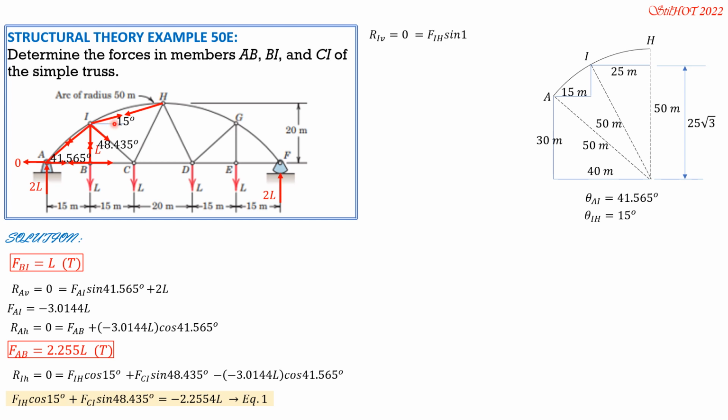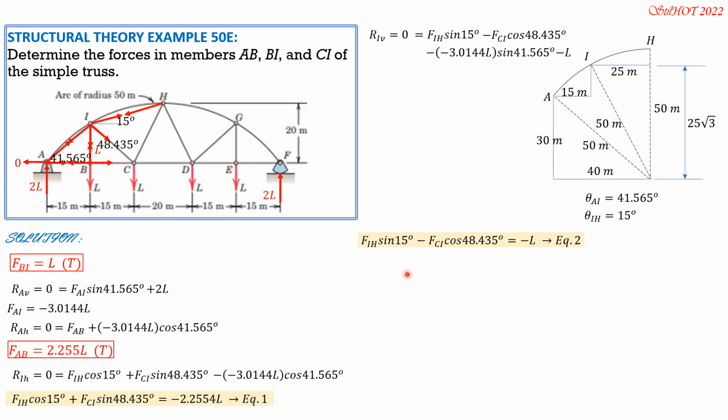So FIH sine 15 minus FCI cosine of 48.45, the vertical component, minus negative 3.0144L sine 41.565, then minus L. We have L here for BI. So simplifying, FIH sine 15 degrees minus FCI cosine 48.45 degrees equals negative L. Call that equation 2.